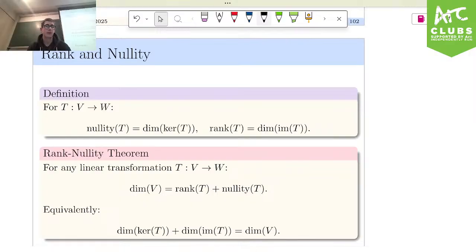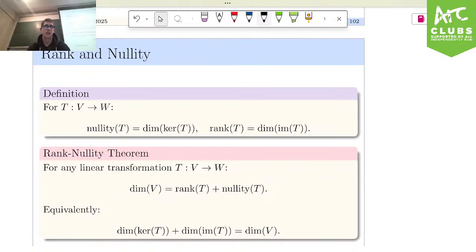And we have this little major theorem here, really. First of all, we can define what the nullity and the rank of a linear transformation is. The rank is going to be the dimension of the image. Nullity is going to be the dimension of the kernel. And the rank-nullity theorem says that the dimension of our starting vector space, our vector space V, is going to be equal to the sum of the rank of P and the nullity of P. So we're saying that if we have a higher nullity, then we're mapping more things to zero, so we're getting less out of our mapping.